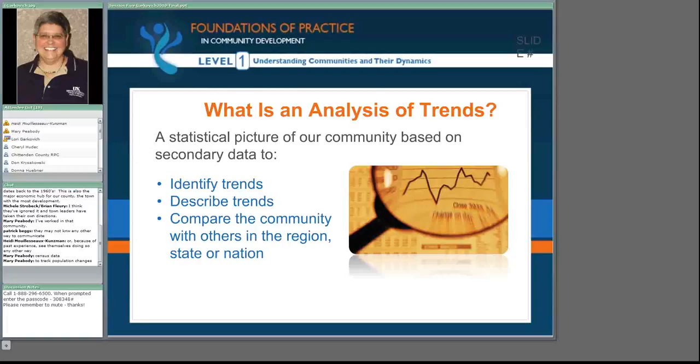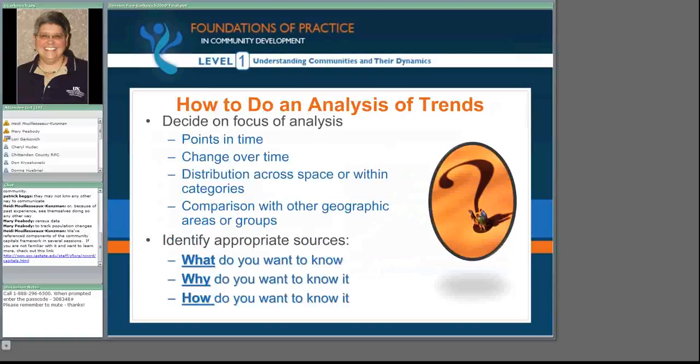And I really believe that to do an effective analysis of trends, you must also provide an explanation of what the alternatives are. If these trends continue, then what? How are they going to affect the community? So to do an analysis of trends, you need to think about the focus of your analysis.